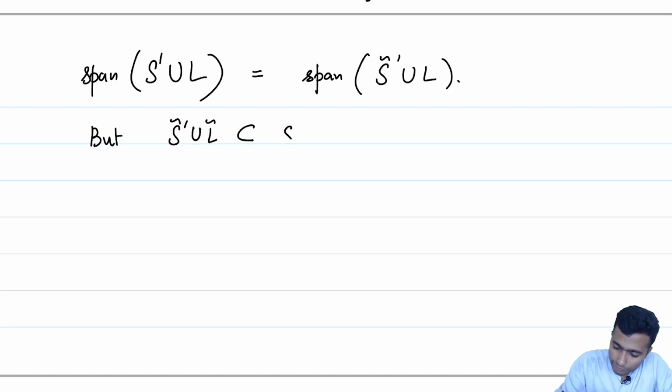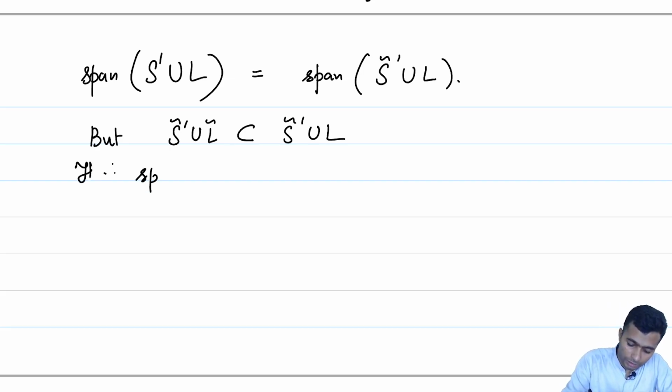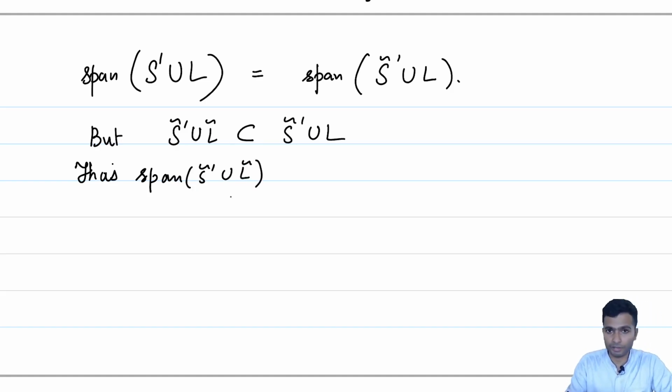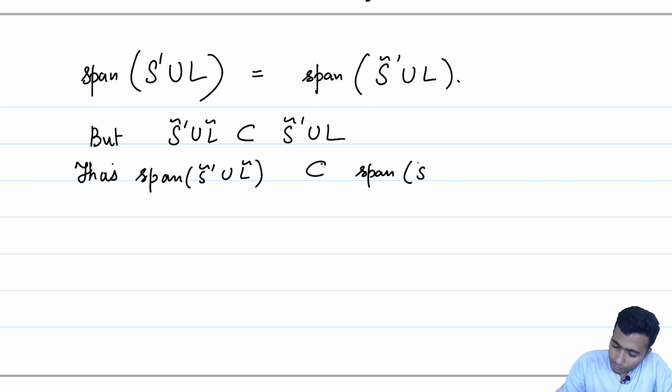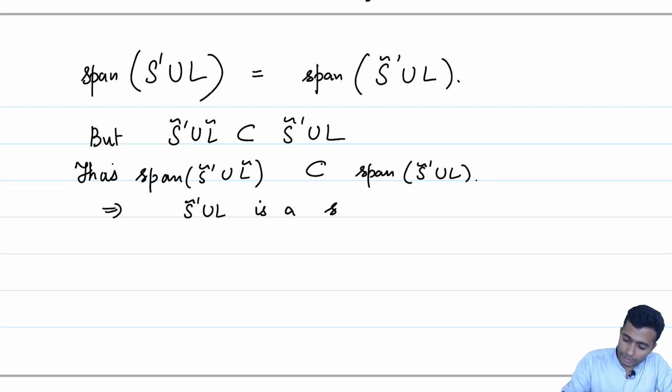S tilde prime union L tilde, which by the way is equal to the vector space V, is contained in the span of S tilde prime union L, which implies that it is a spanning set.